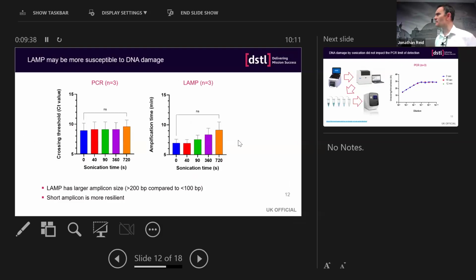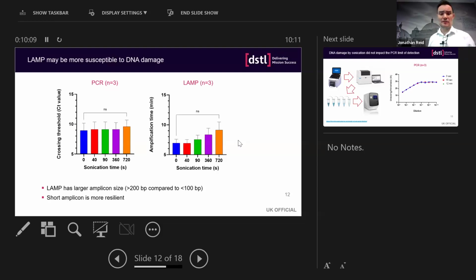So what impact does this have on PCR and LAMP? For PCR, not much. Even at those large sonication times, there's not much of a difference in that crossing threshold value. Starting to creep up at that 12-minute mark, but that's minimal. For LAMP, even though the results were non-significant, you can see there that there's a definite trend that with increasing sonication time, there's an increase in amplification time.